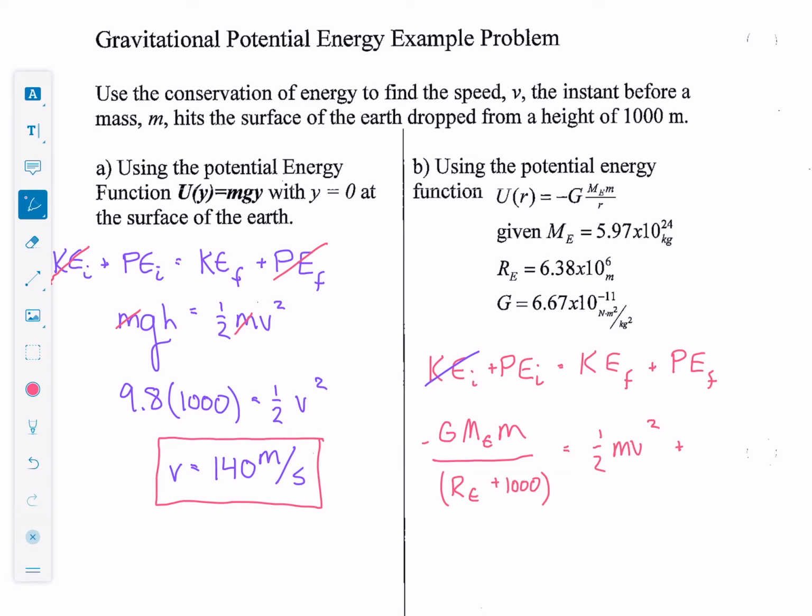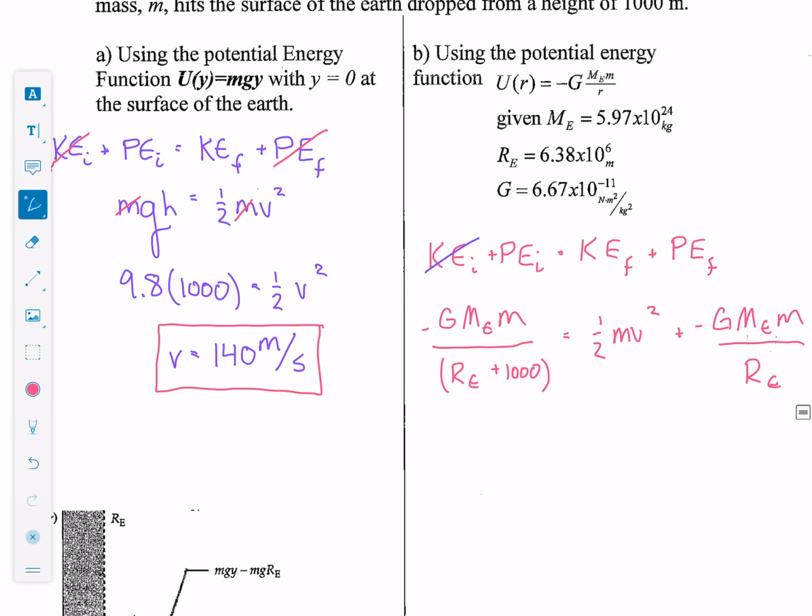That just erased so much. I put it back. Plus negative G, mass of the Earth, mass of the object, over here we're just at the radius of the Earth. So it's definitely uglier, but I know all these values. So I know it's negative 6.67 times 10 to the negative 11th times the mass of the Earth.